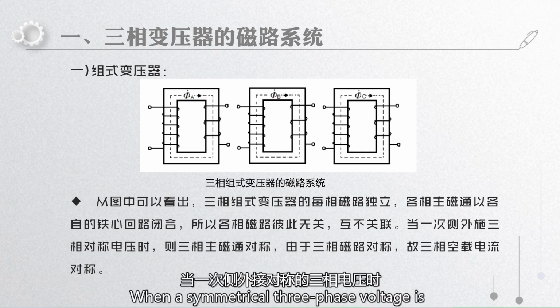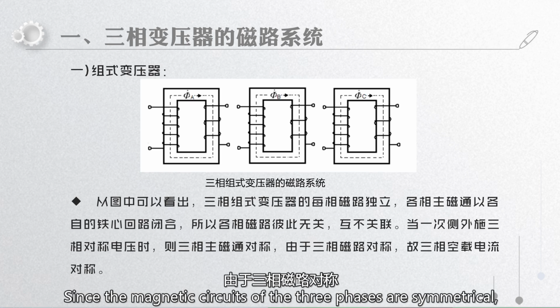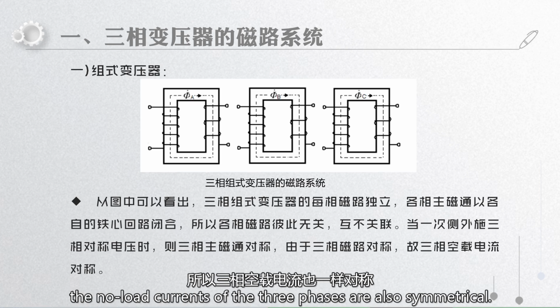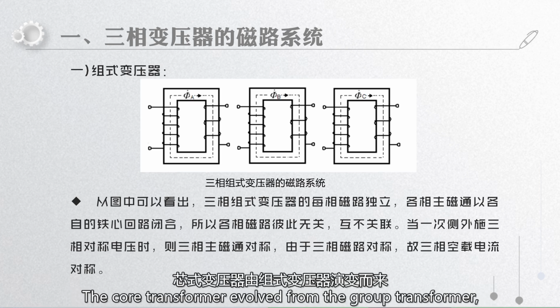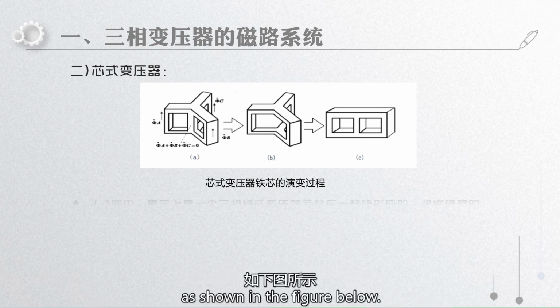When a symmetrical three-phase voltage is externally connected to the primary side, the main flux of the three phases is symmetrical. Since the magnetic circuits of the three phases are symmetrical, the no-load currents of the three phases are also symmetrical. The core transformer evolved from the group transformer, as shown in the figure below.